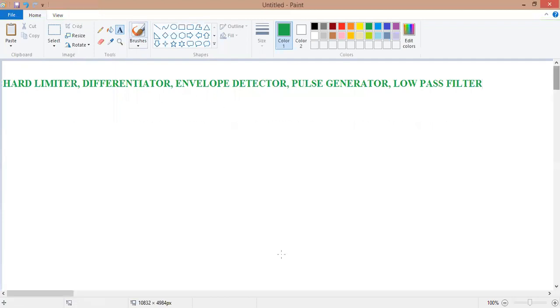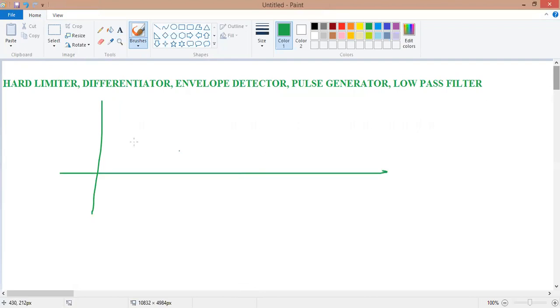Now, I want to show you one thing: hard limiter. What is the purpose of hard limiter? In a signal with frequency variation, some frequencies may be very close, and then the frequency is too low, and that's why the time period is higher.